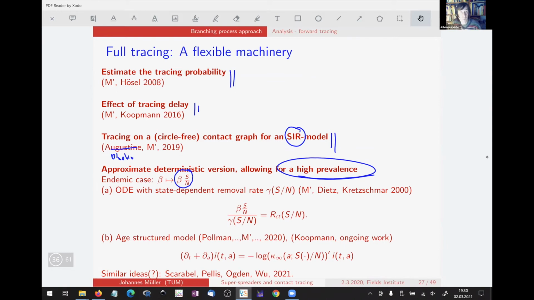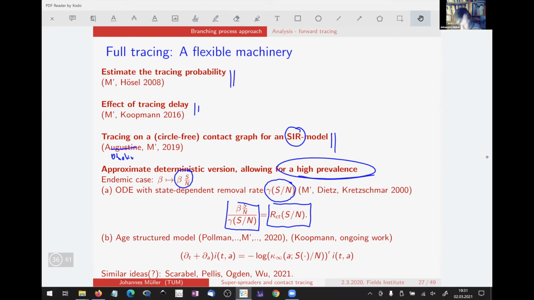And then there are basically two different approaches. So we have seen we can define the reproduction number that we had. And so what we can do is introduce some nonlinear removal rate that would just give us the right reproduction number. And then we can have an SIR model with that nonlinear removal rate. And so we have an ODE.